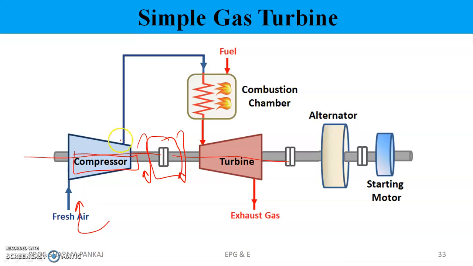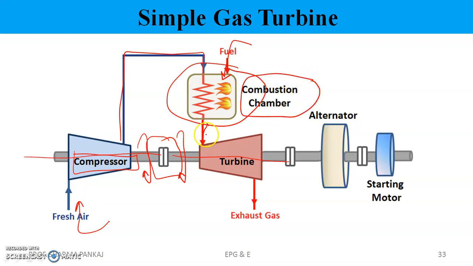From the end portion of the compressor there is a path connecting to the turbine, and in between this path there is a chamber called the combustion chamber. Fuel is injected into the combustion chamber, and this is fed into the initial portion of the turbine.